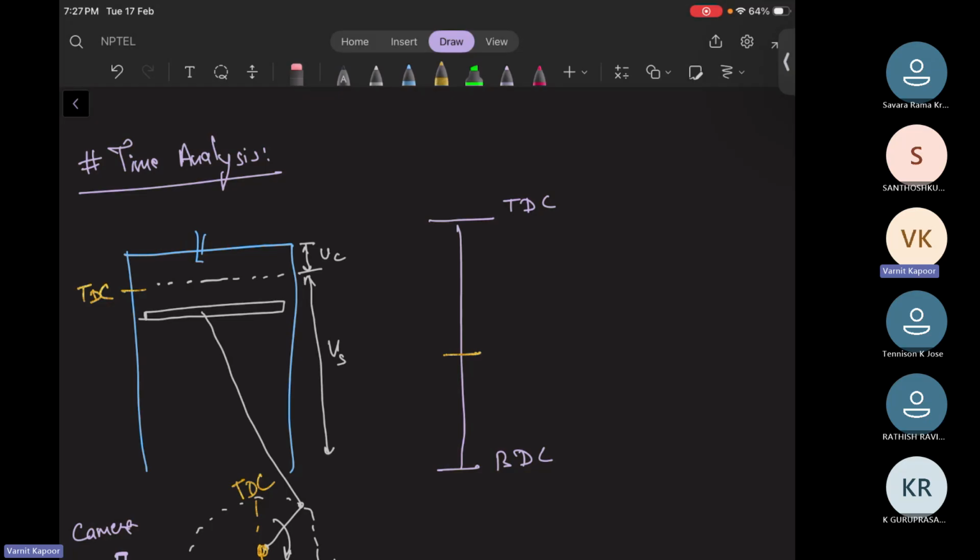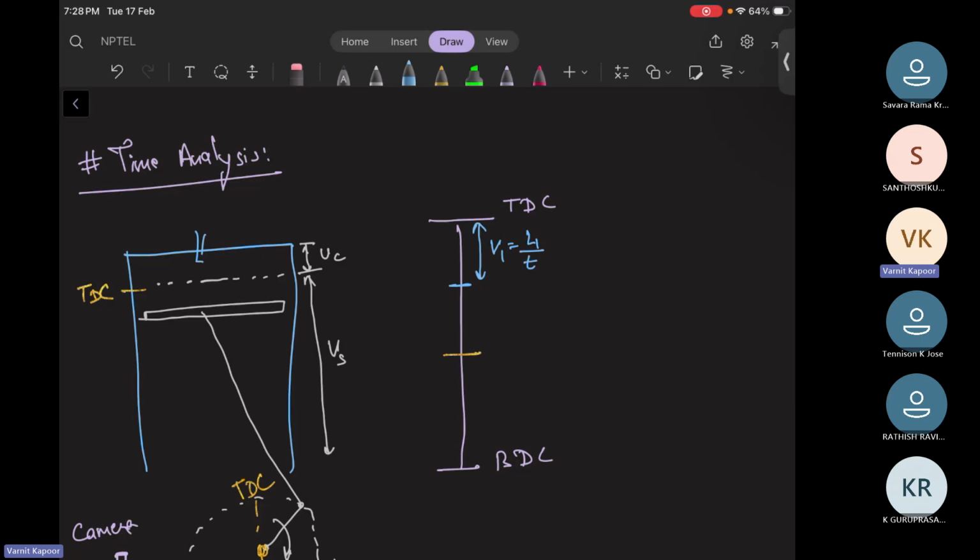So let us say we got a snapshot, and in the first part we have moved a length L1, so the velocity will be L1 by t.